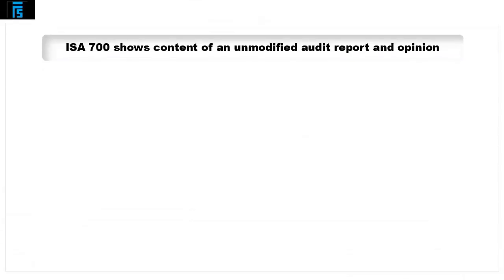The contents of an audit report are laid out in the standard. This is based on an unmodified audit report where there are no material misstatements and no issues unresolved during the audit.